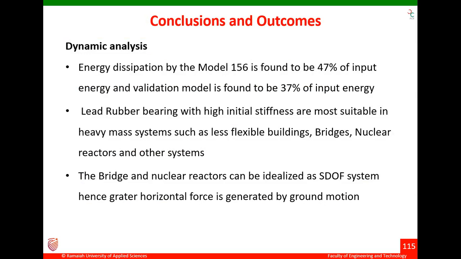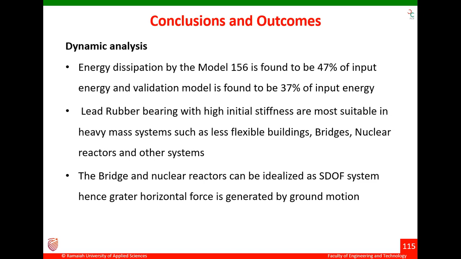So the lead rubber bearings with high initial stiffness, like the one we have optimized, model 156 with the highest 51% damping ratio, are mostly suitable for heavy buildings, for heavy mass structures such as less flexible buildings, for example a very wide building that is not too tall to become flexible, but it has some dynamic response.